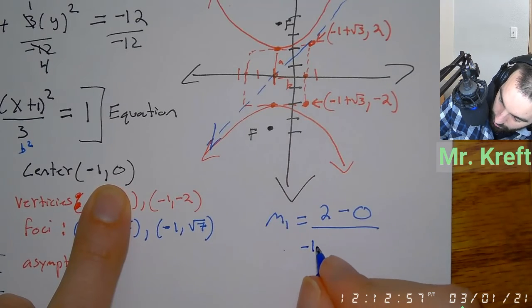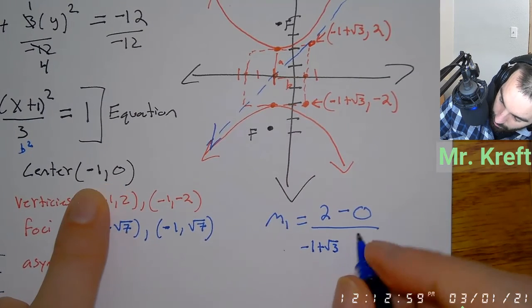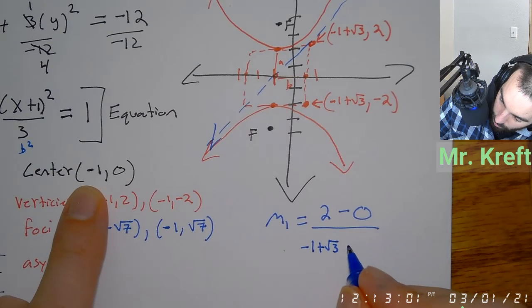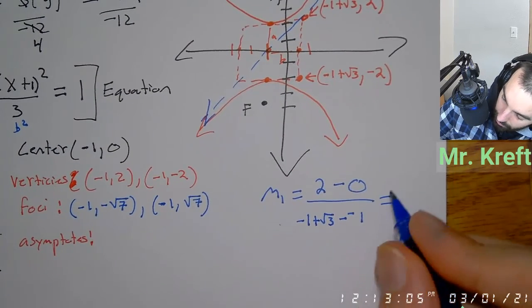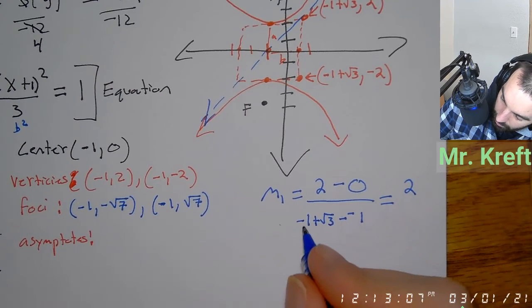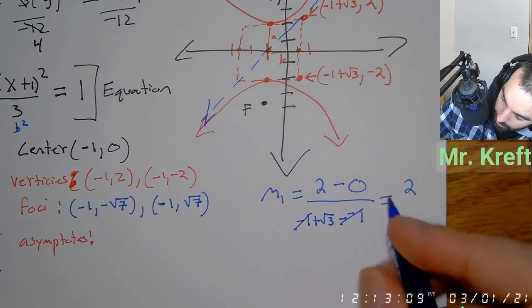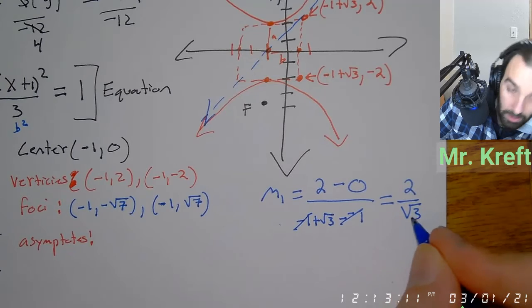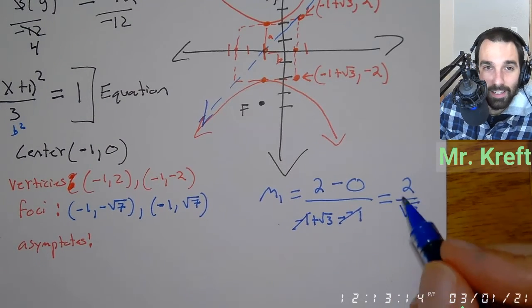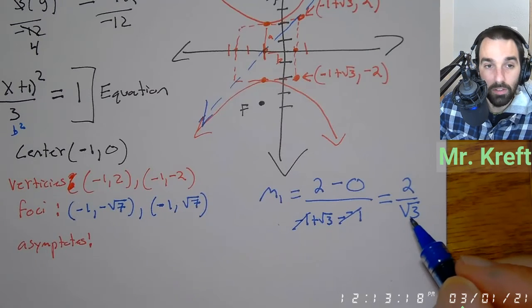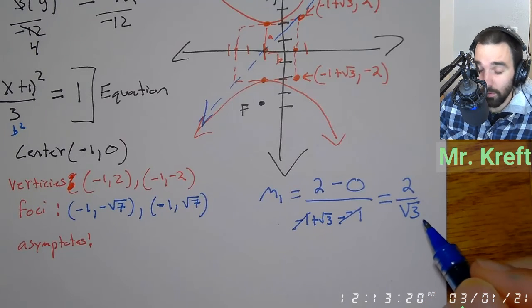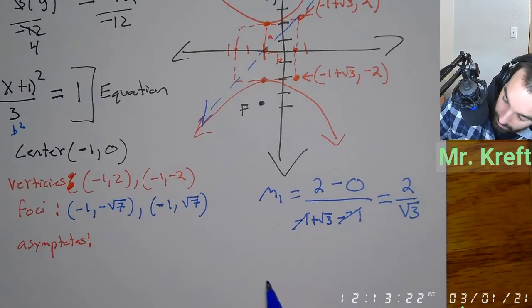And then x2 minus x1, so minus a -1. So when I do this, 2 minus 0 is 2. The -1s go away, so it's 2 over root 3. Now I have to double check. It may not like it to have rationals on the bottom, but to do that, you can just multiply by root 3 over root 3.